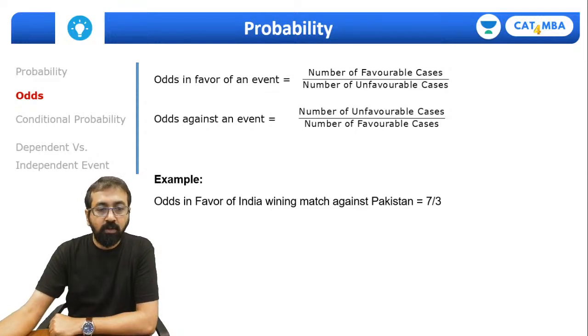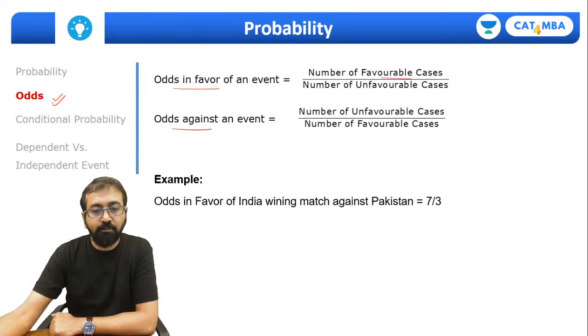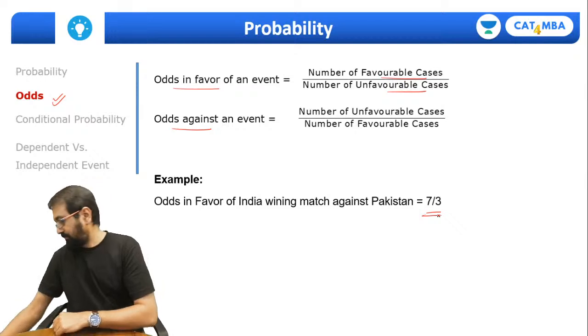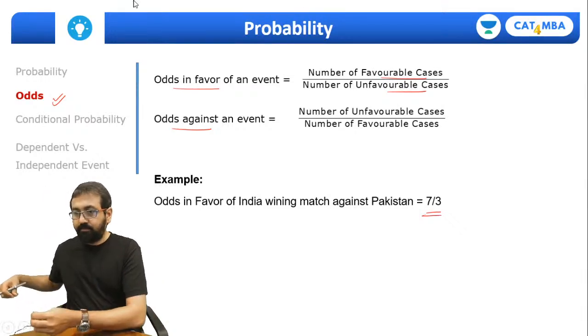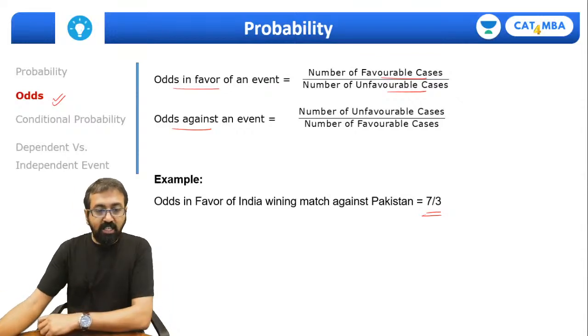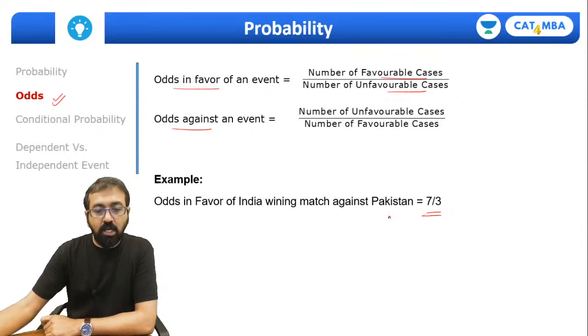Now we also need to understand this concept of odds in favor and odds against. Odds in favor can be defined as number of favorable cases upon number of unfavorable cases. For example, odds in favor of India winning against Pakistan is 7/3, because India won 7 matches and lost 3 matches.